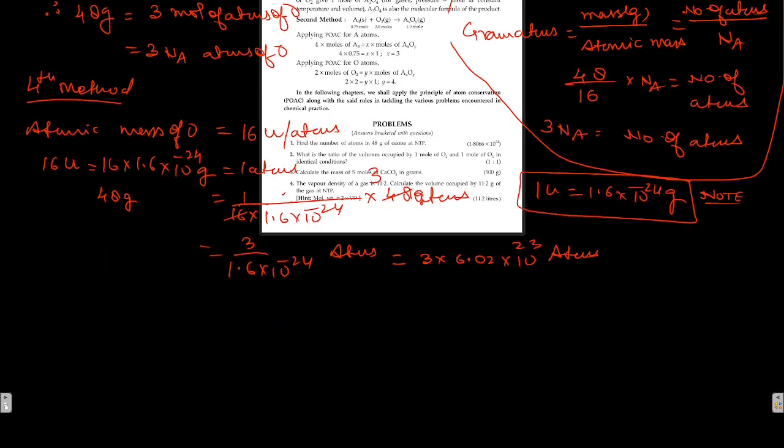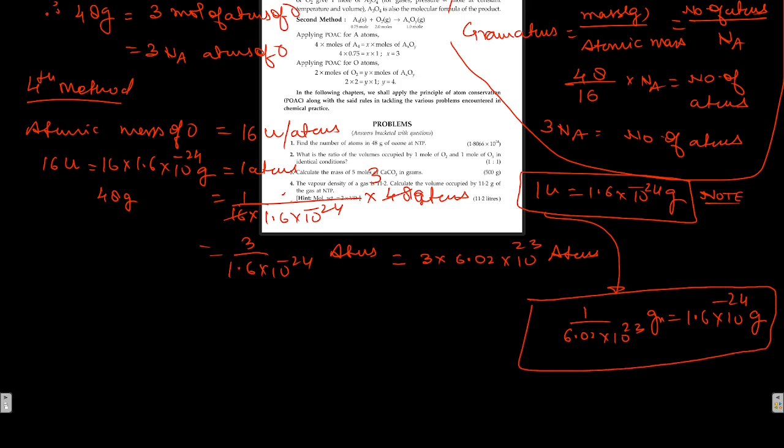Now, one thing you should also keep in your mind: 1 upon 6.02 into 10 to the power 23 gram is equal to 1.6 into 10 to the power minus 24 gram. This is the calculation you have to keep in your mind.